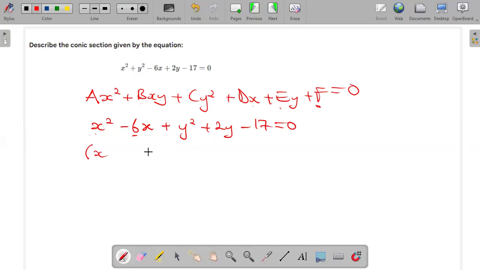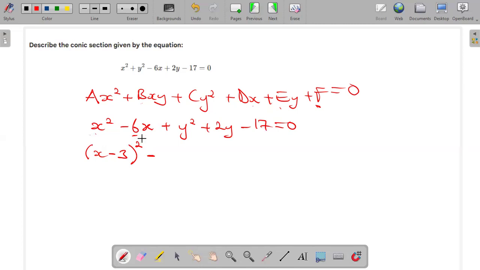Negative 6 divided by 2 gives us negative 3. And then this square comes outside, like a squared, and then I always say minus the answer of the half, the negative 3.